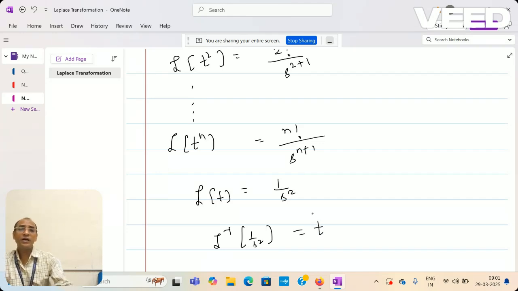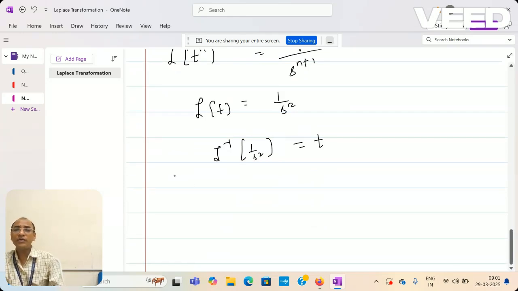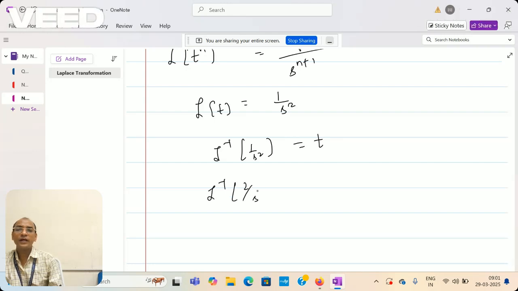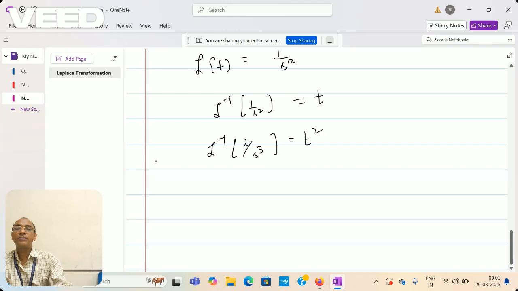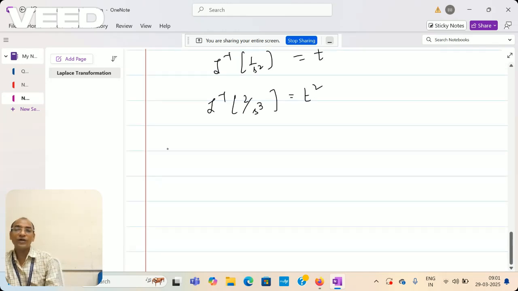Similarly, the inverse Laplace transformation of 2 by s cube will be nothing but t square. So the Laplace transformation of t square is 2 by s cube, then the Laplace inverse of 2 by s cube will be t square, and so on. So this is one type of standard function.